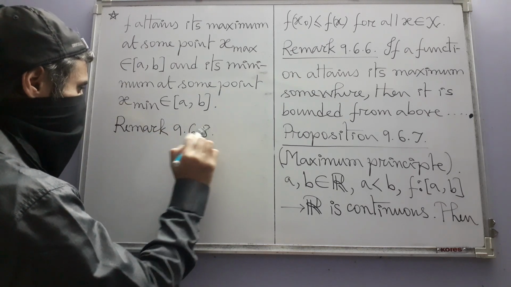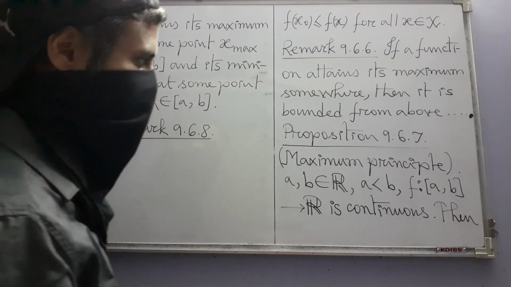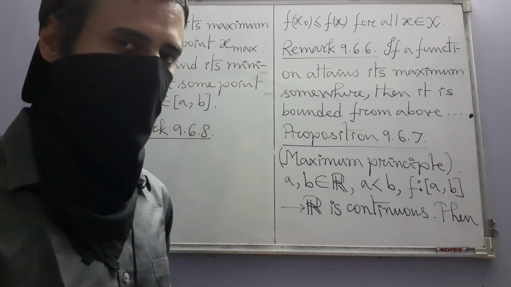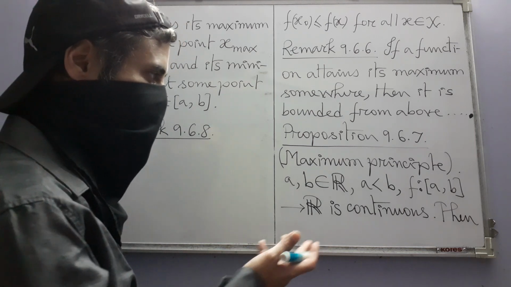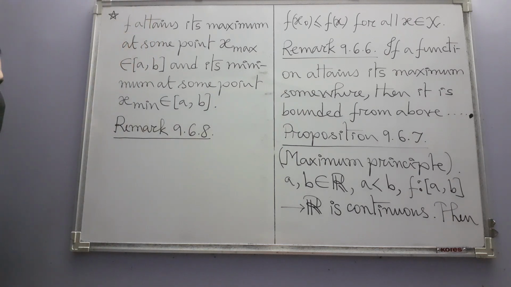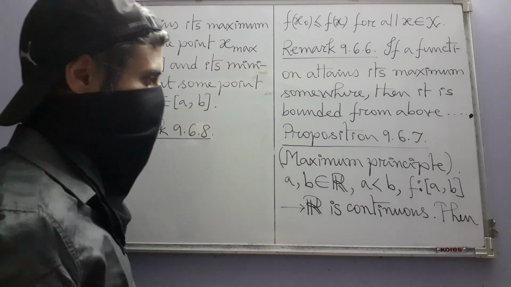This remark is about the name that has been given to this proposition, maximum principle. The author says it's a misnomer. It's not a very accurate name, because the result involves not just maximum but minimum also.